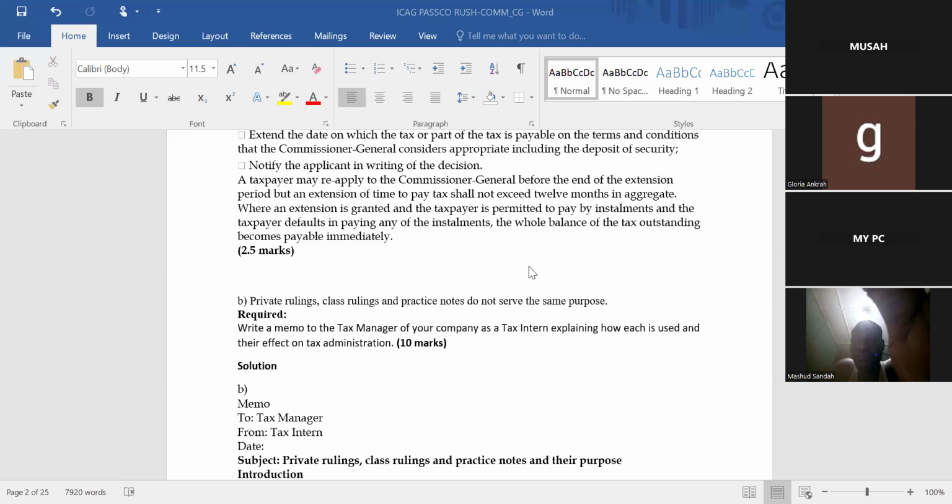Now, one will ask, what is private ruling? Private ruling is a ruling by the Commissioner General where an individual taxpayer wrote to the Commissioner General for interpretation of the treatment of a transaction.